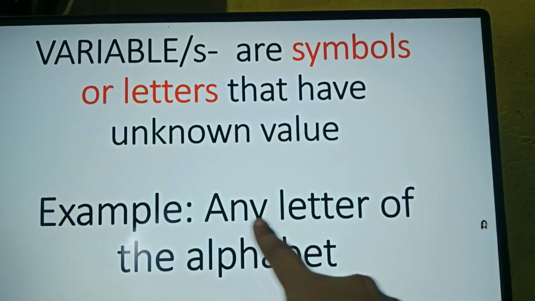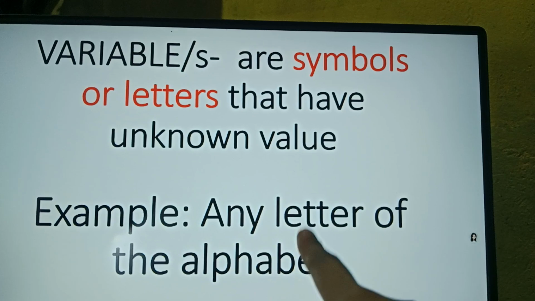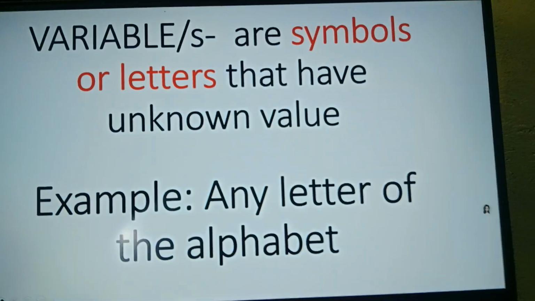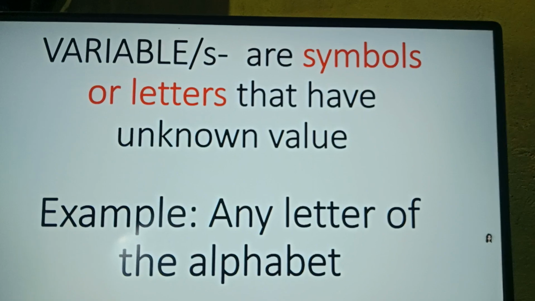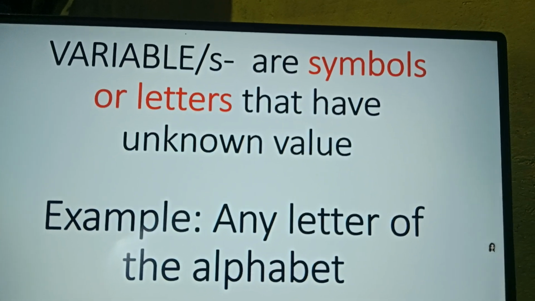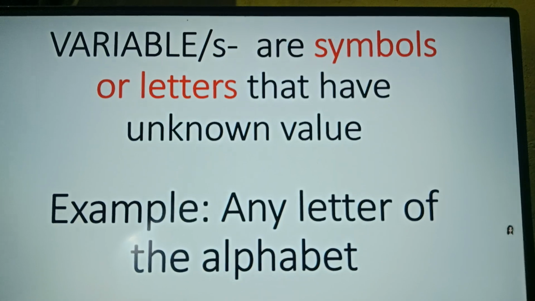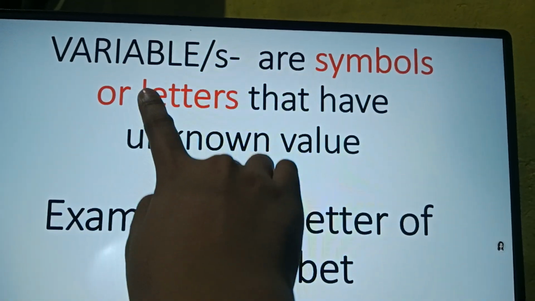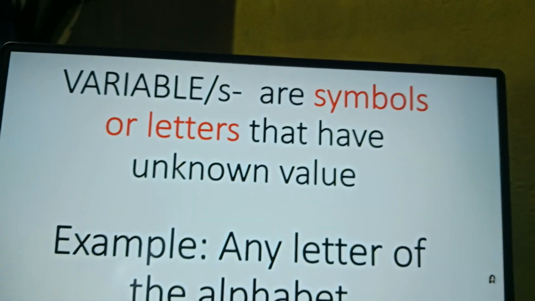Any letter of the alphabet will do, and that letter has an unknown value. For example, A, B, C, D, E, F, G, H, I, J, K, L, M, N, P, and so on up to Z. Any letter of the alphabet can be considered a variable.